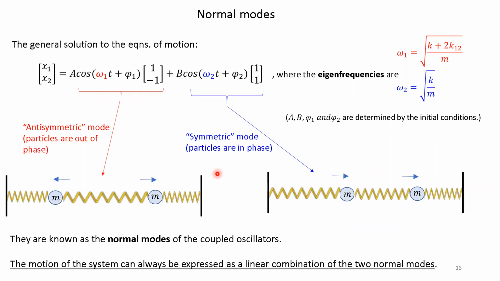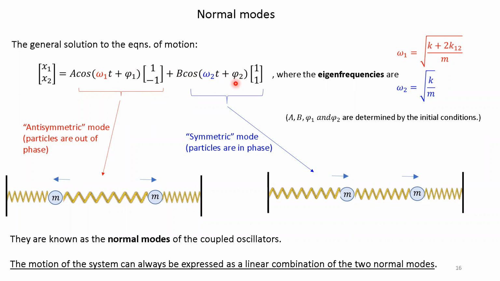The question is, under what circumstances will we have this mode, and under what circumstances will we have that mode? Or will they be there simultaneously? That depends on the initial conditions of the system.